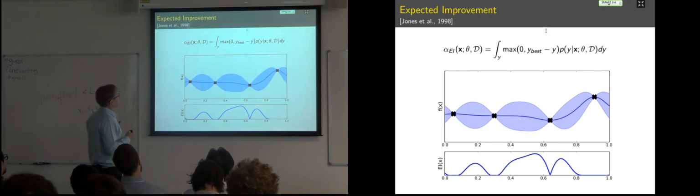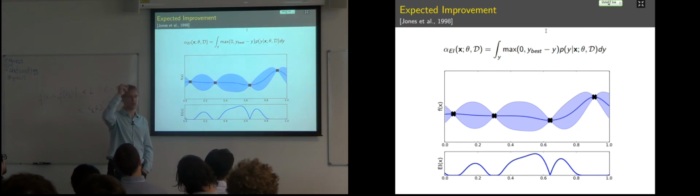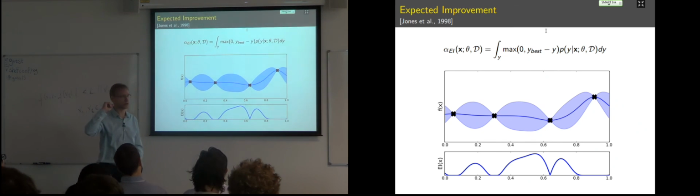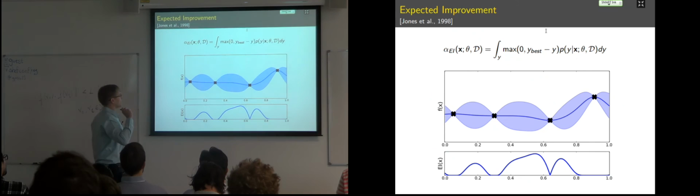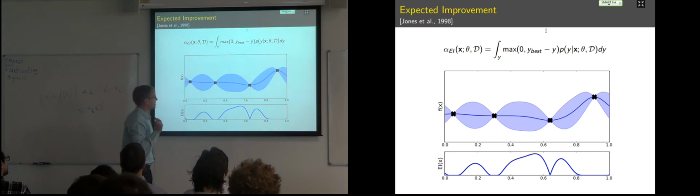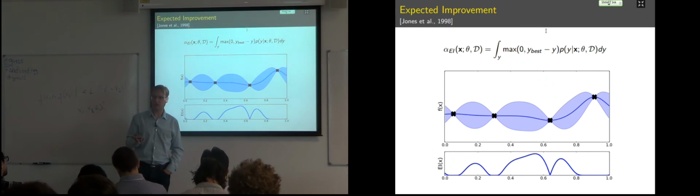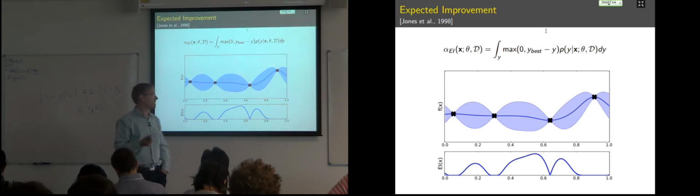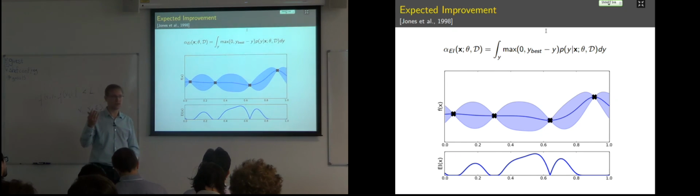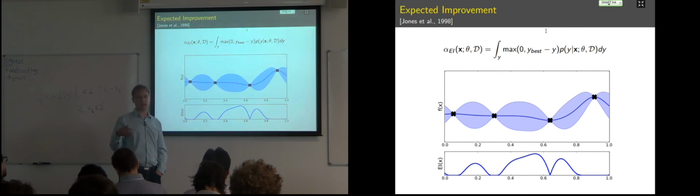So this is another acquisition function, and I think tomorrow David is going to talk a lot about expected improvement and the extensions that you can have of it. What you are trying to do here is essentially to calculate, at each point of the domain in which the function is defined, the expected marginal gain that you would get if you were evaluating the function at that location.